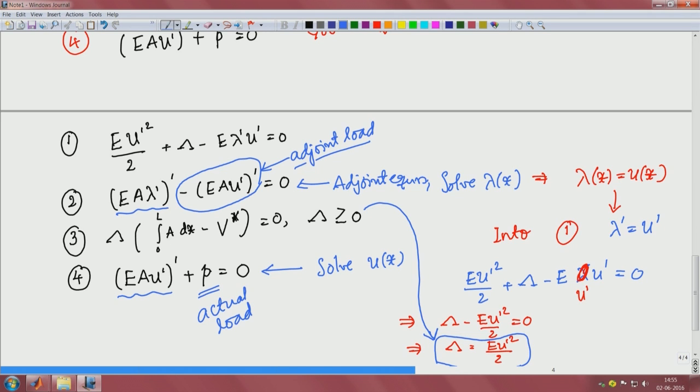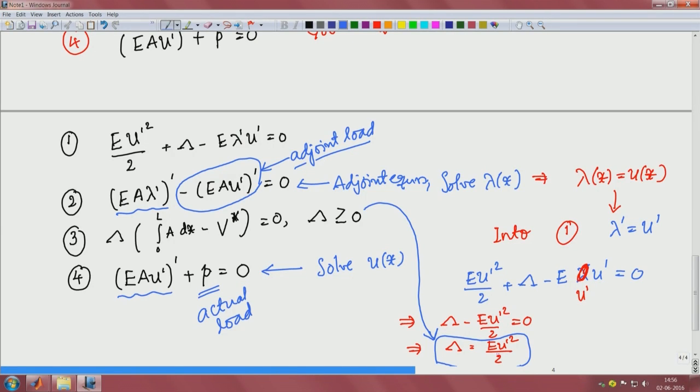There are very advanced cases where you design a material and can have a negative Young's modulus over a range, but in general E is positive. E is positive, 2 is positive, u prime square is positive irrespective of whether u prime is negative or positive. So, overall we are satisfying this condition. In fact, now we can look at this complementarity condition, lambda times the volume constraint equal to 0.